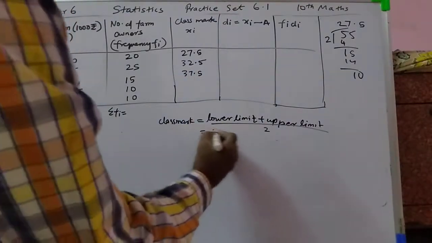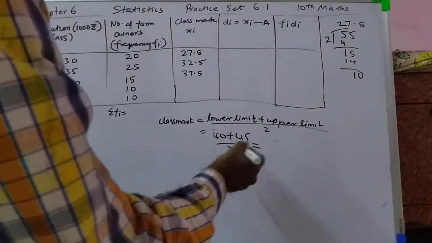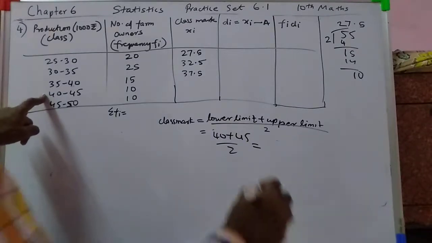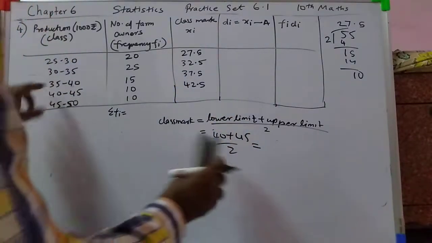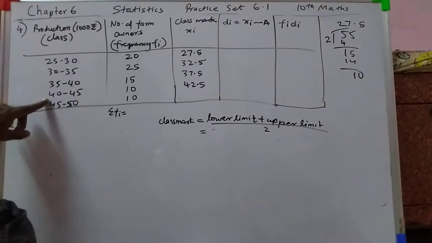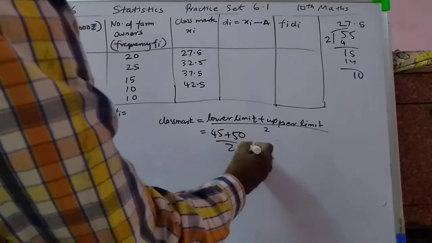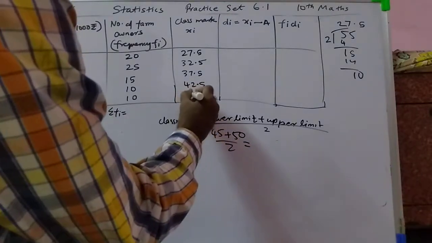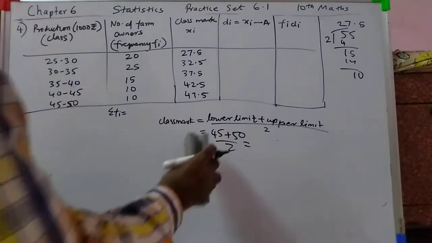Then 40 plus 45 upon 2, that also will get 42.5. And this one, 45 plus 50 upon 2, you will get 47.5. Okay, so this is the class mark.